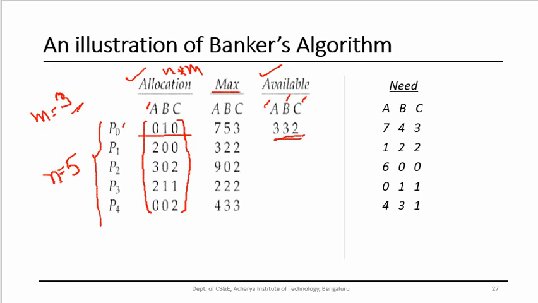Like I said, all the processes should a priori announce their maximum requirements of resources. So that has been done through this matrix.